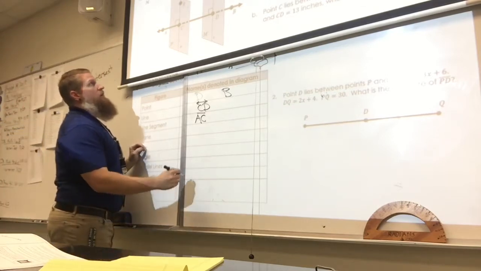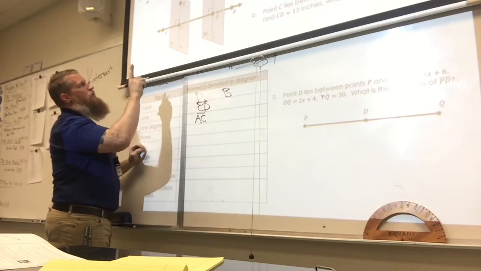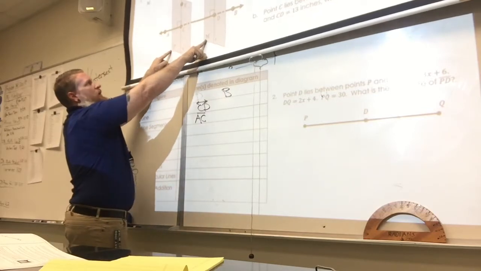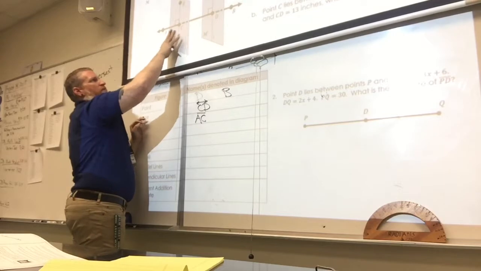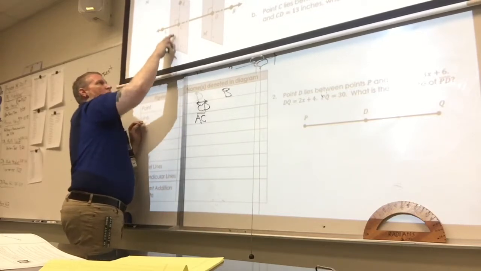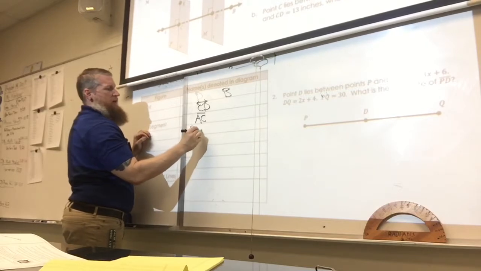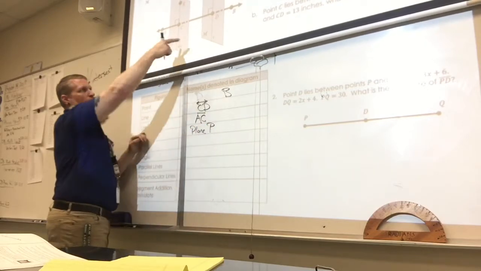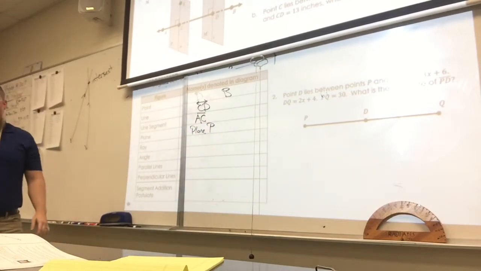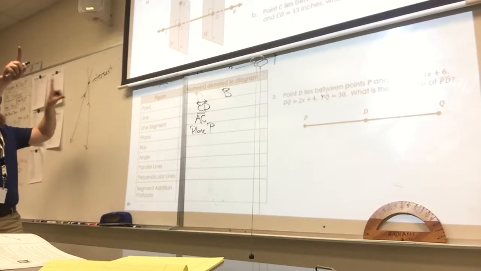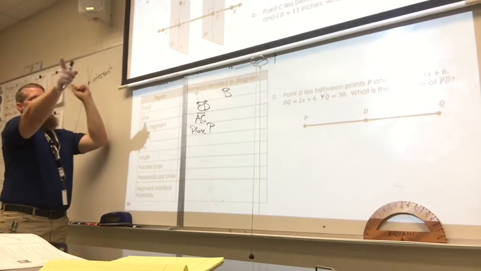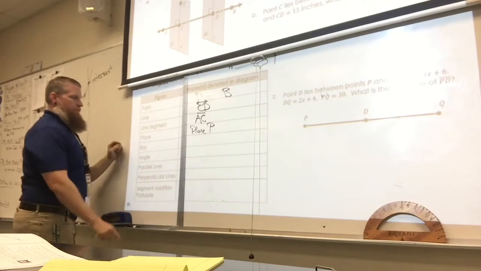For a plane, you would have to use the letters here because they only give you 2 points on each plane. Since I don't have 3 points somewhere here, you have to use one in the corner. So you could say either plane P or plane M. All right? Because points A and B are not on those planes. They're somewhere on either side of them.